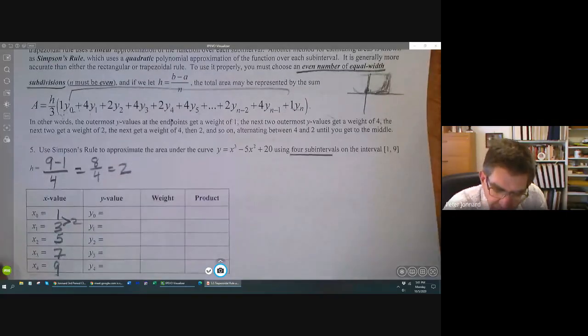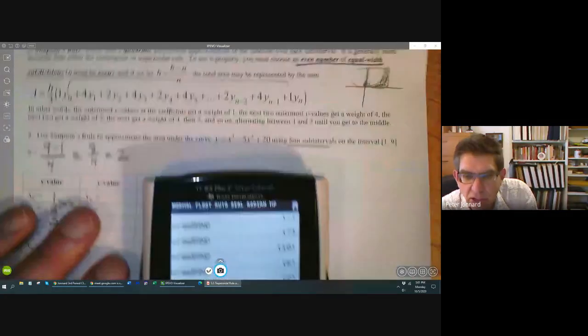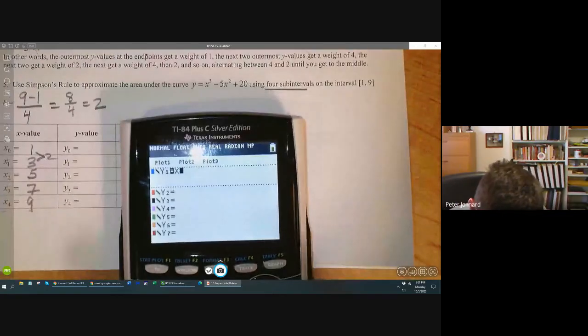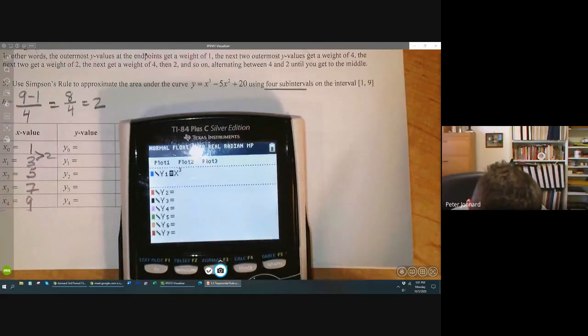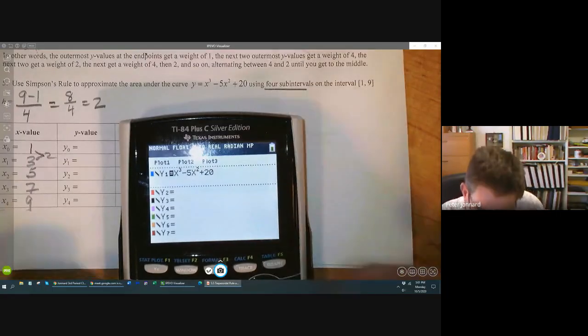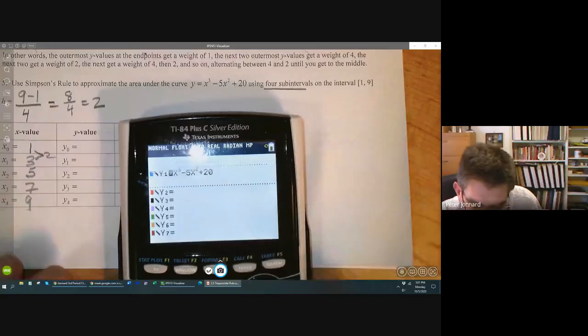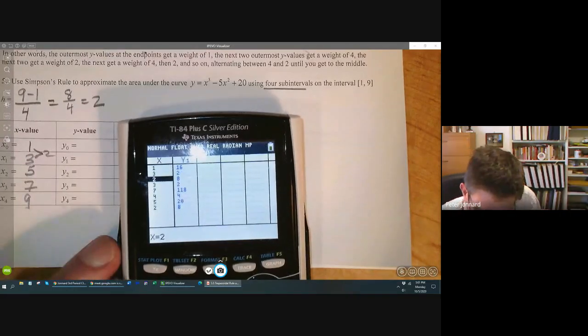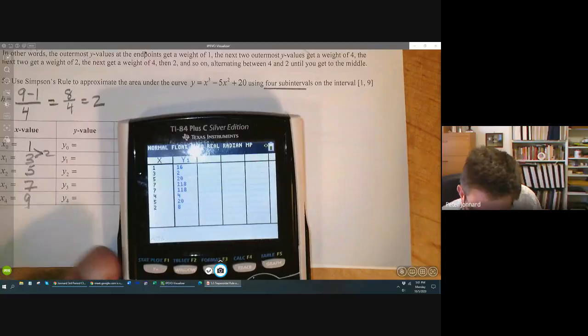Okay, and now I need the y values, so I'm going to bust out my calculator to do that. Y equals x to the third minus 5x squared plus 20, like so. Okay, and then I'm going to use my table, and I'm going to have it tell me the values at 1, 3, 5, 7, and 9.